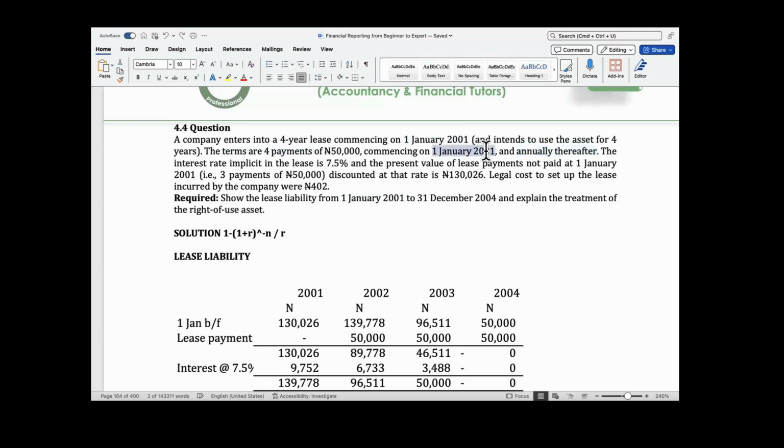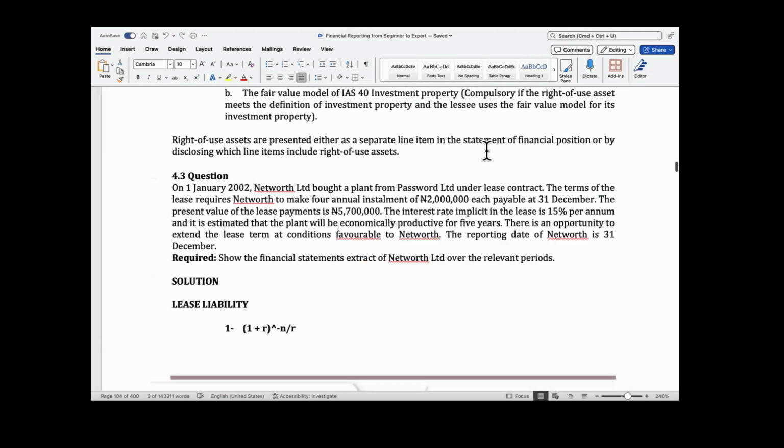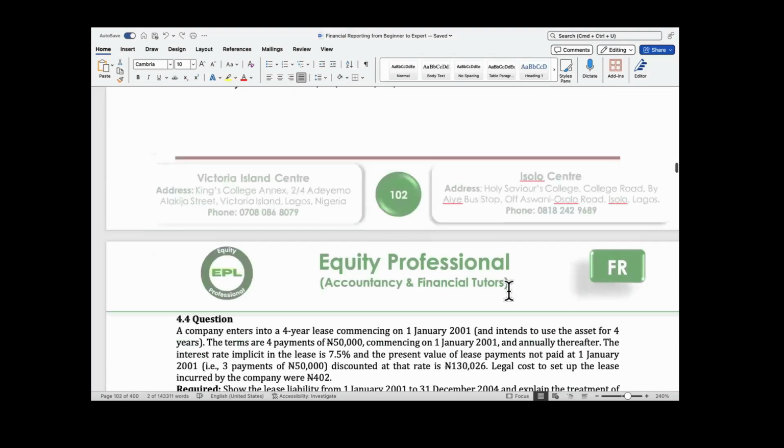See, the major thing in this question is that the rent is paid by the lessee at the beginning of every year. That's the only difference between this question and the last question I solved. In the last question, if you paid attention, the rent is paid at the end of every year. So you need to pay close attention to the difference.